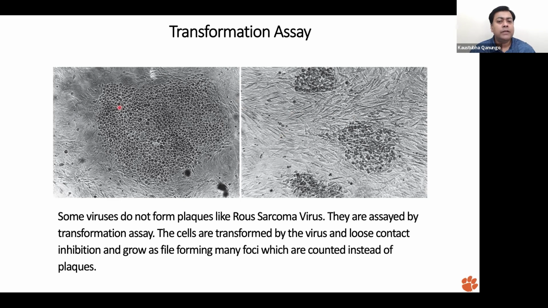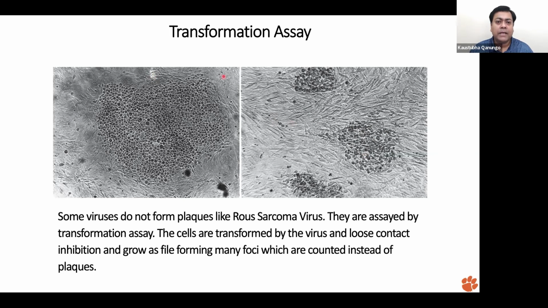When you infect them with some of these transforming viruses, for example sarcoma virus or RSV, they make genetic changes in the cell. They can become oncogenic or transformed cells. At that time, they lose the property of contact inhibition, and they can pile up against each other.